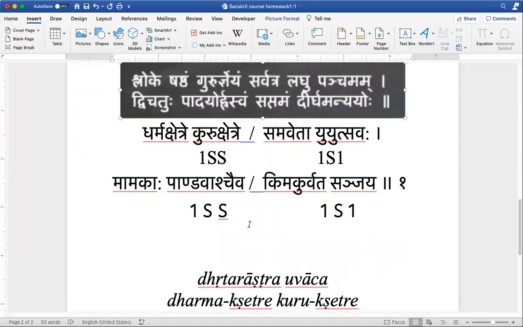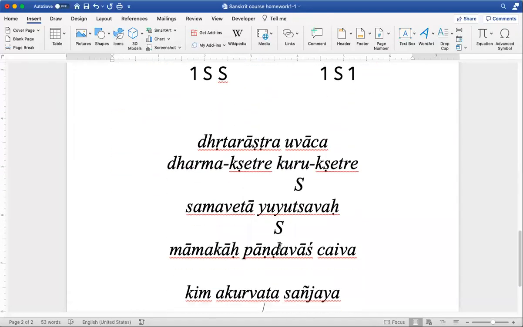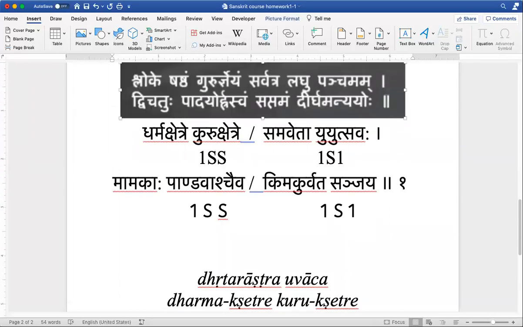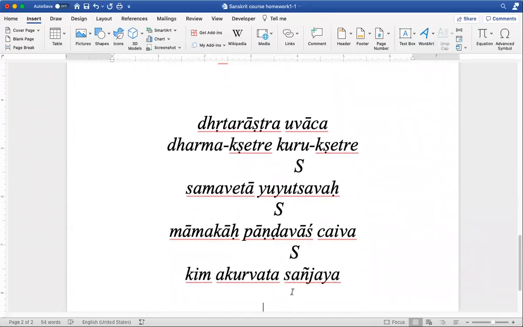Pandavaschaiva. It is very difficult to make out in transliteration because in English you need a few letters to make up one Sanskrit letter. Kimakurvata sanjaya: the Sa is the sixth letter, so it becomes Guru.